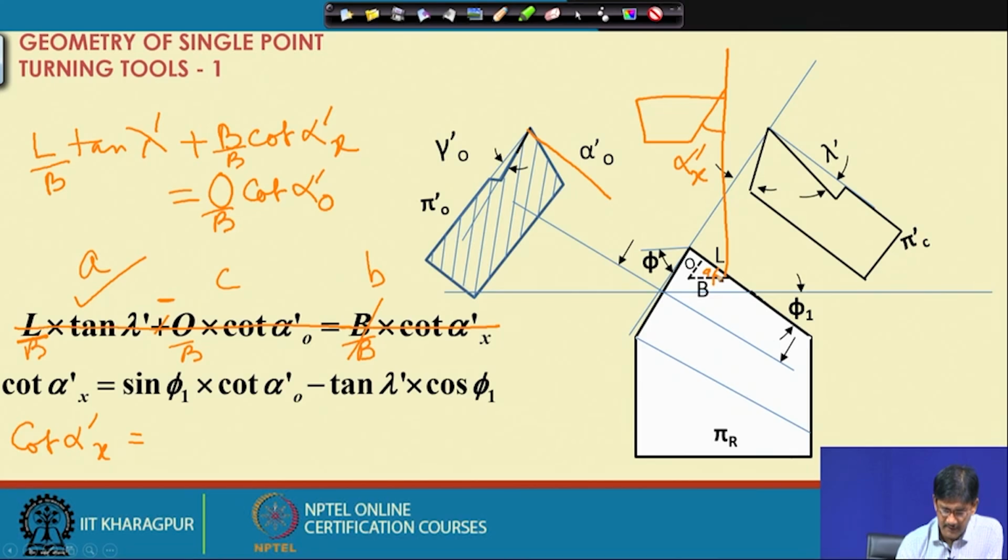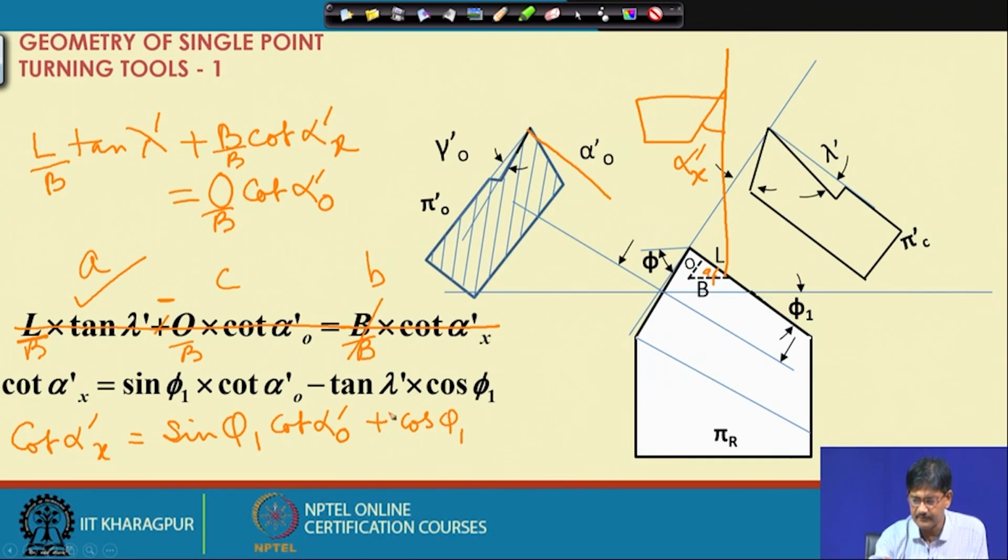So, we have O by B, sin phi 1 multiplied by cot alpha dash O plus cos phi 1 multiplied by, sorry, just a moment.